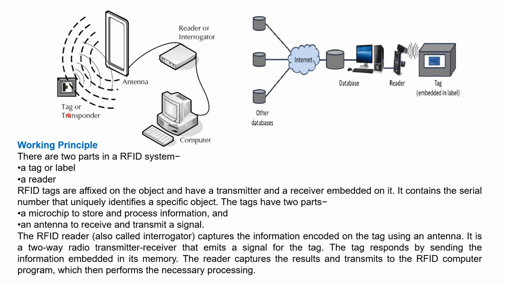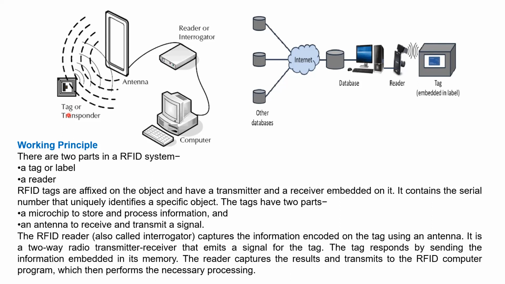This RFID computer program then performs the necessary processing on it, and this processed information is directed to the intended database through the network. So this is what is happening in an RFID system.